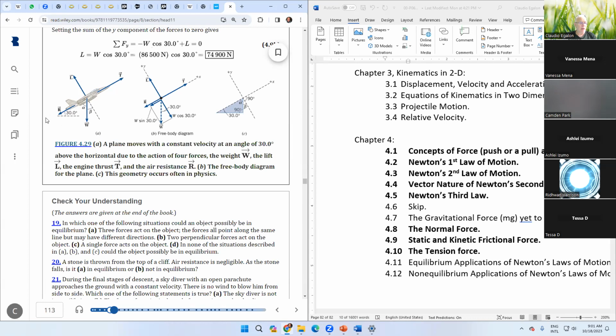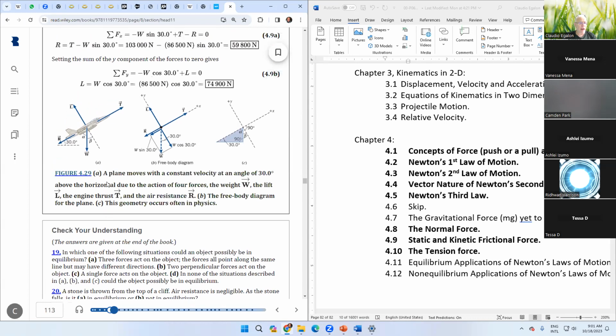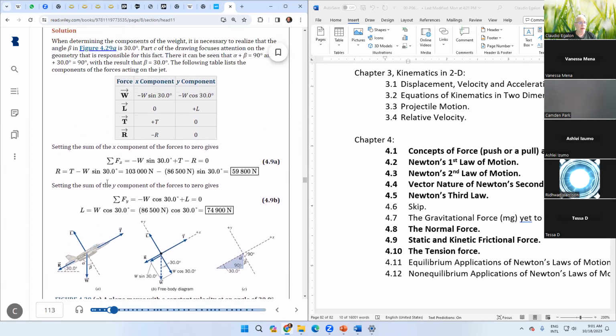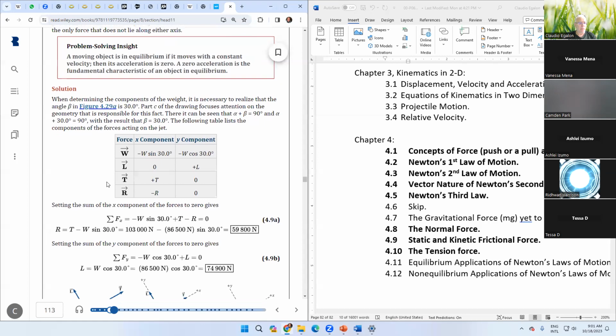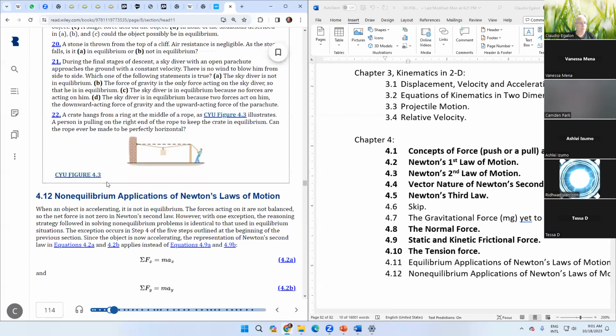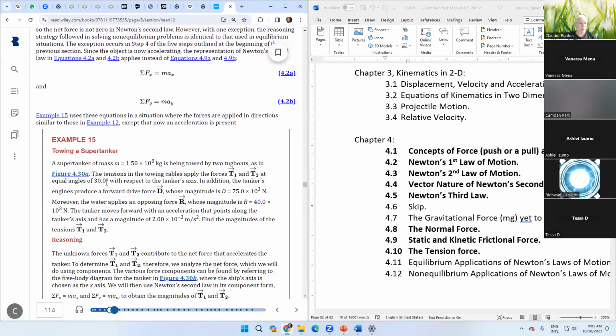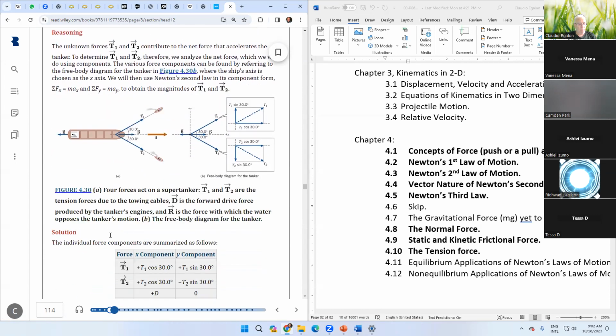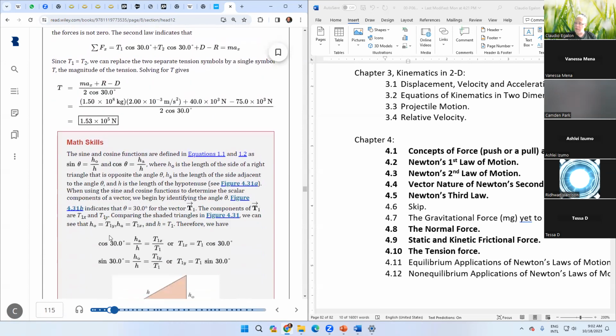That's the drag. R is the drag force. And then non-equilibrium. Non-equilibrium is Newton's second law of motion. Two little boats tugging another one, that's one example.